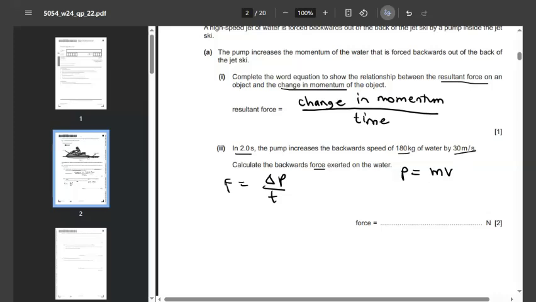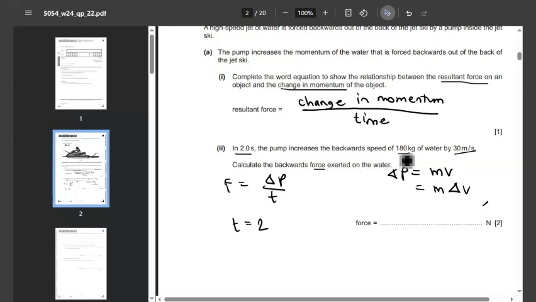And therefore the change in momentum is equal to the mass multiplied by the change in velocity, since the mass is constant. Okay? So from the question we can see that the time is equal to 2 seconds.